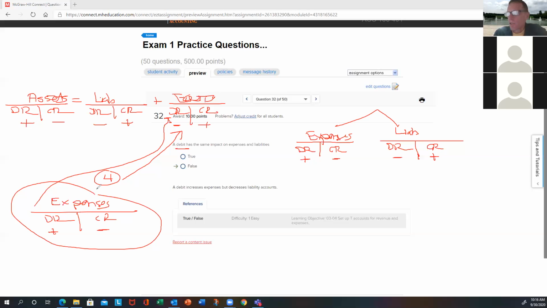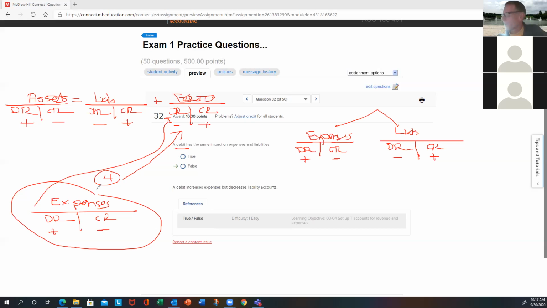But the nice thing is you can have all these notes during the exam, and so if you ever get confused or have a question, you can refer to your notes and say, okay, here's the rule: expenses increase with debits, liabilities increase with credits. So a debit to an expense and a debit to a liability mean different things.